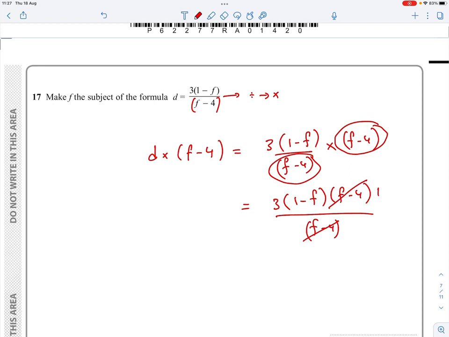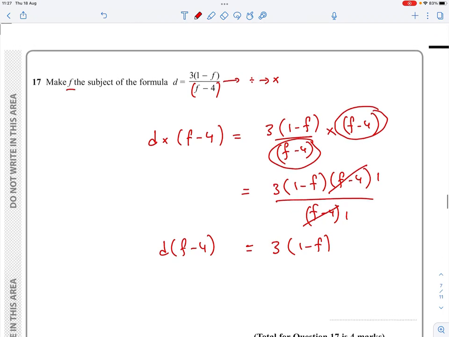Same number divided by same number cancels. In other words, this will become 1. So what we are left with is just 3 bracket 1 minus f, and the left hand side is d times f minus 4. I want to make f the subject, so I need to collect all the f's together.